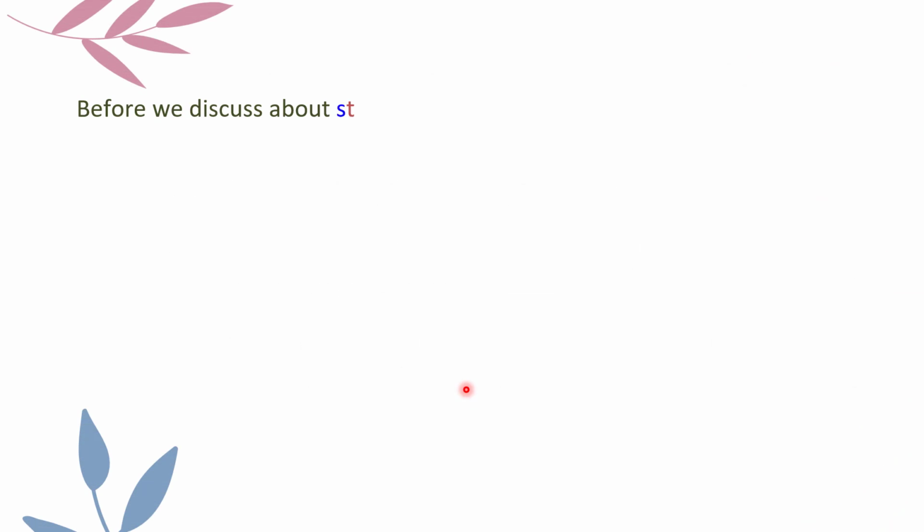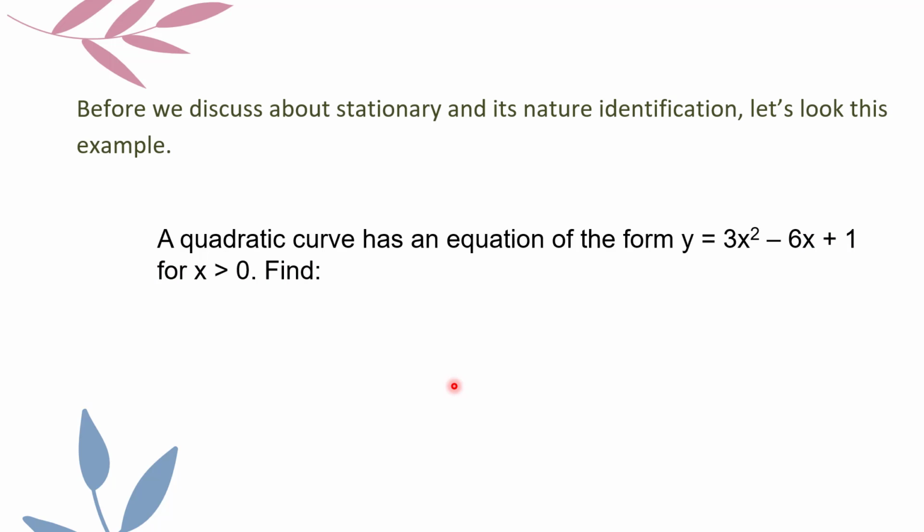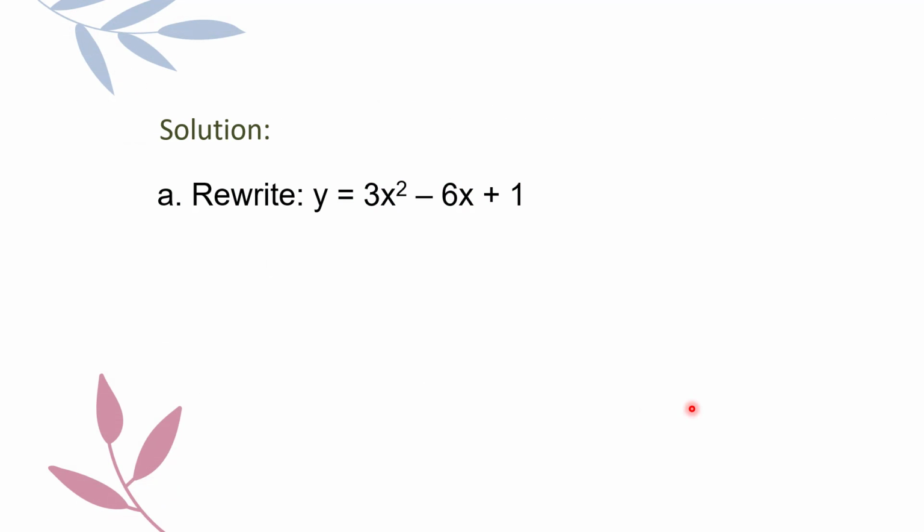Okay, before we discuss stationary points and nature identification, let's look at this example. We have a quadratic curve, and the equation is y equals 3x squared minus 6x plus 1 for x greater than 0. We will find dy/dx, and then we will find the coordinates of the point at which dy/dx equals 0. From 3x squared minus 6x plus 1, dy/dx will be 6x minus 6.